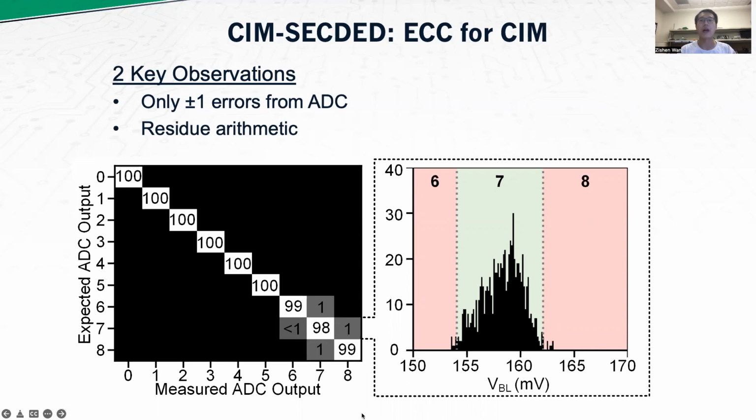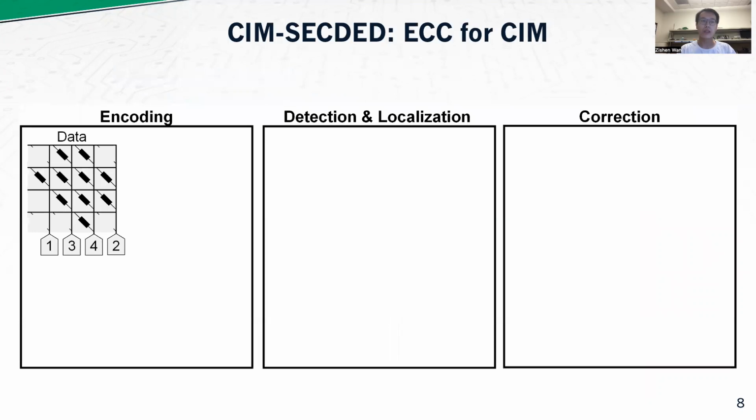Next, we will see how these observations can be used to enable the ECC for computing memory by walking through a simple example. In this example, I will break down the ECC scheme into 3 main components: encoding, detection and localization, and correction. The bit data we use is shown here, and ADC results are shown below the array.